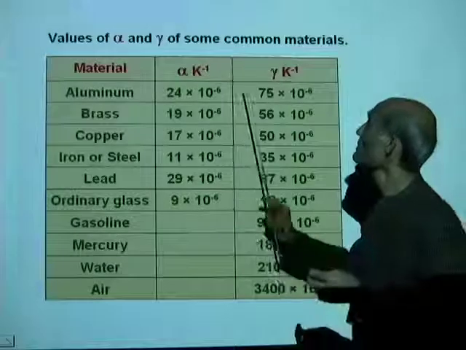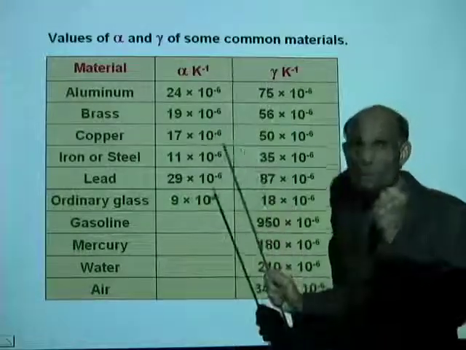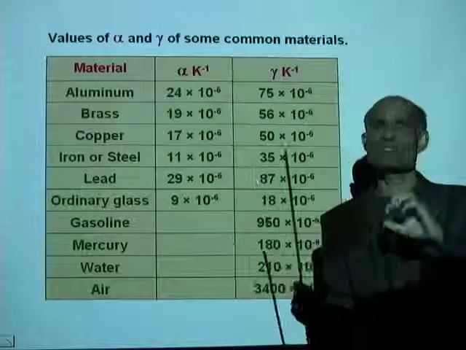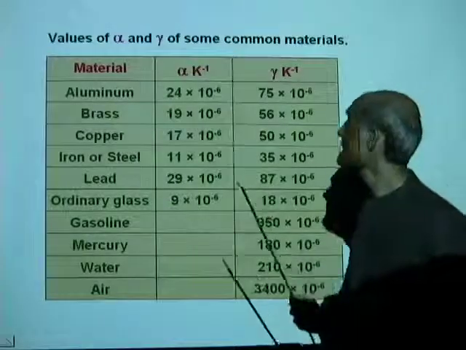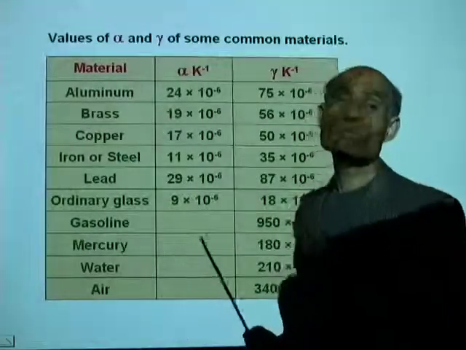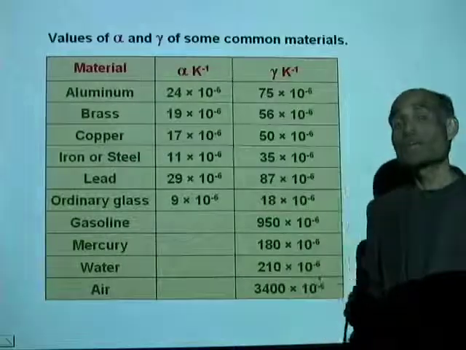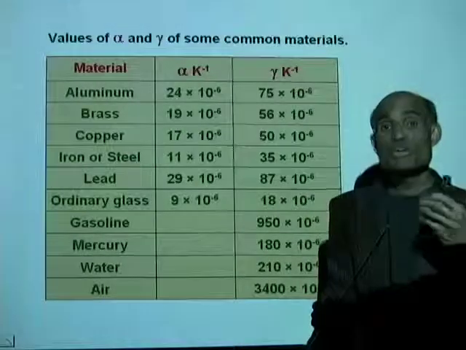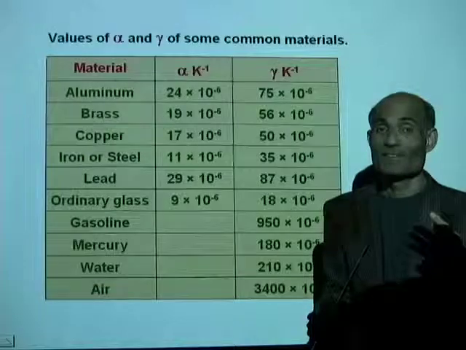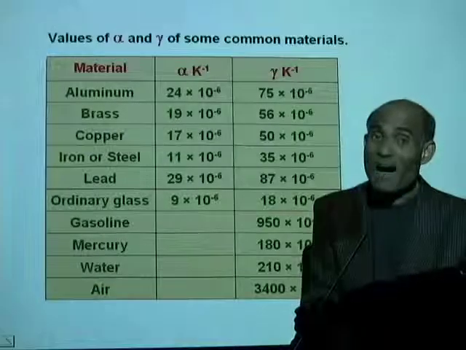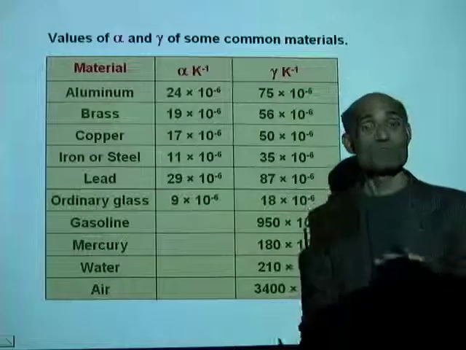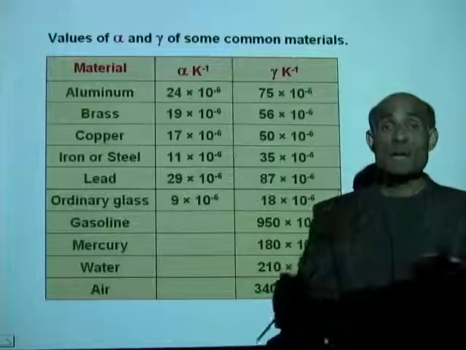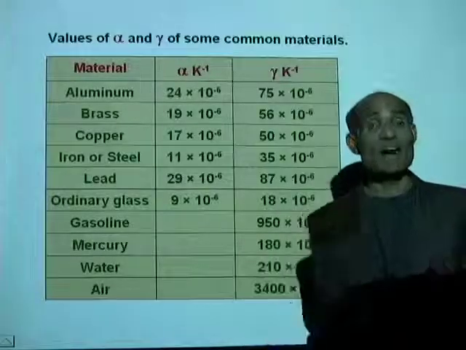You can see the value of gamma is approximately 3 times, not exactly, approximately 3 times the value of alpha. So in a problem, if you need gamma, but I give you only alpha, what will you do? Assume that gamma is 3 times alpha.